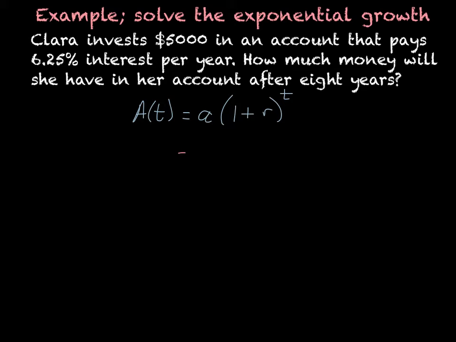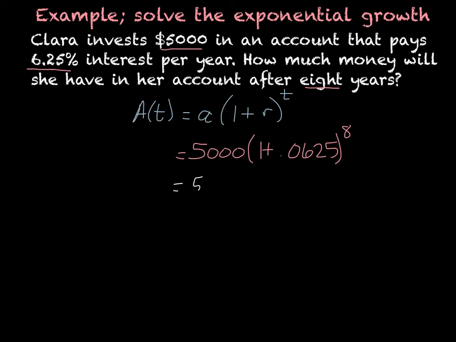So that would make my a my initial amount, 5,000, times 1 plus my r, which is my rate per year, which is 6.25%, or 0.0625, to the power of t, which is the number of years, 8. So to the power of 8. Now I just have to simplify this problem.